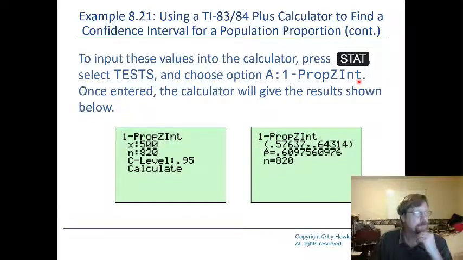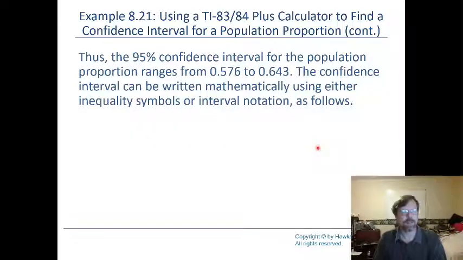we go into that menu, we can put in the C level, confidence level, sample size, number of responses that have the criteria we're after, tell it to calculate, and it will spit out that proportion for us and spit out the confidence interval in interval notation.